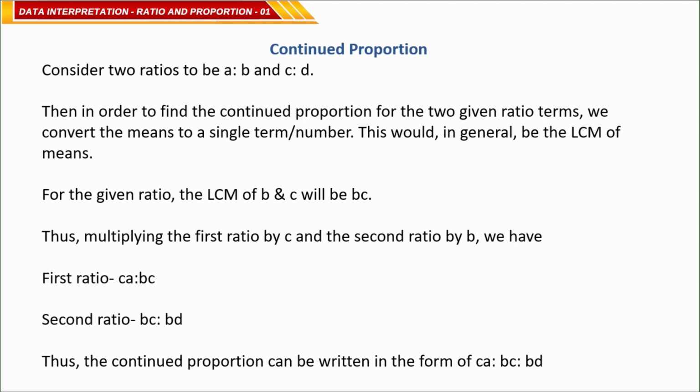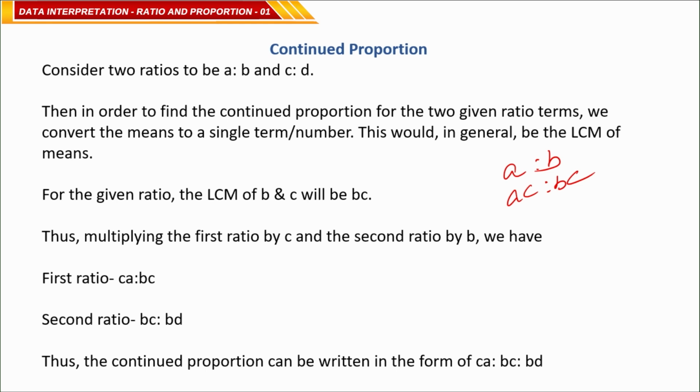The LCM of B and C will be BC, correct. Thus, multiplying the first ratio by C and the second ratio by B, we have A is to B; multiply both with the letter C, then we get AC is to BC.